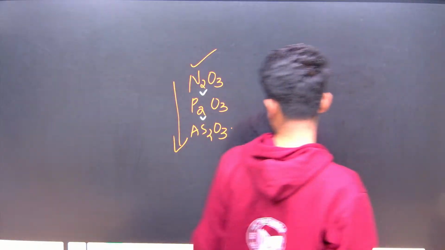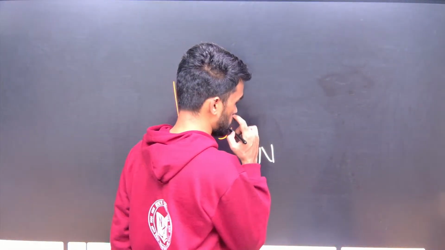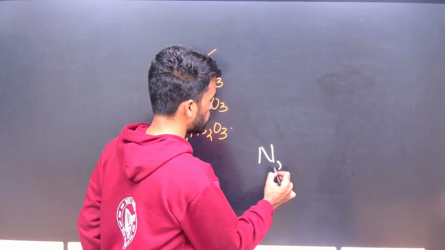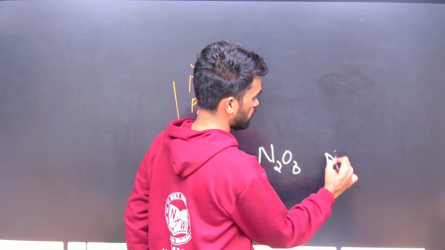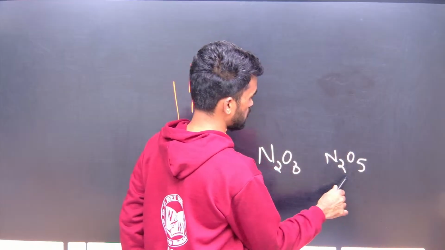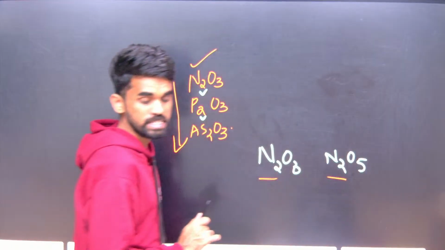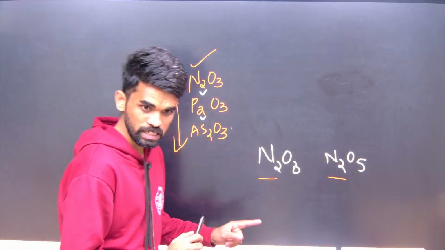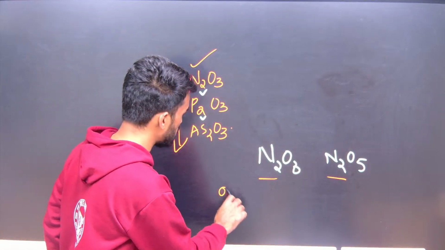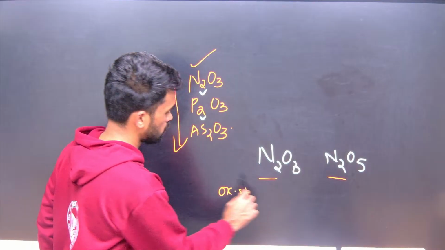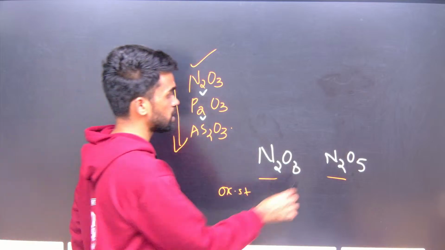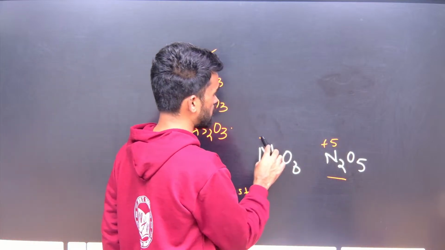Next, if the oxides have the same central atom, I am saying N2O3 and N2O5, both have the same central atom. Which is more acidic? If electronegativity is the same, you check their oxidation state. The oxidation state of nitrogen is +5 here, and this is +3.